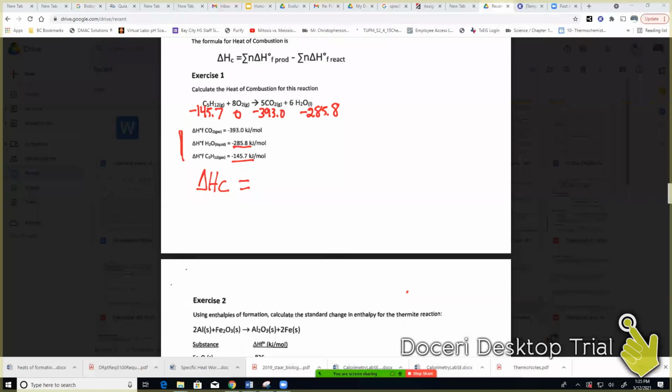All right, so let's get started. We're going to start with our products. The first one I have is my CO2. So I'm going to take 5 because that's how many CO2 I have, and multiply it times its value, negative 393.0. And then I need to add that to my other product, which would be my water.